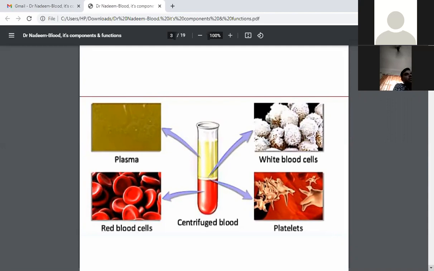What is the difference between plasma and serum? There is one more term, serum. You are studying about blood. What is this serum? What is the difference between plasma and serum?